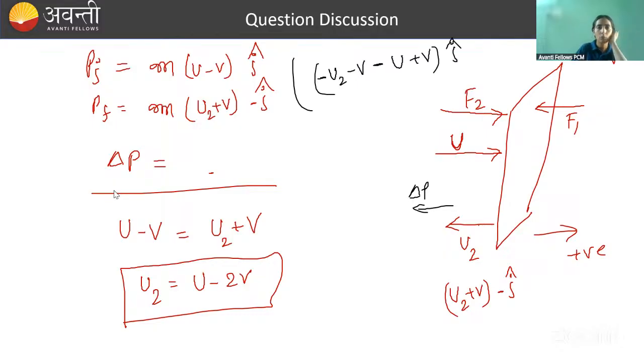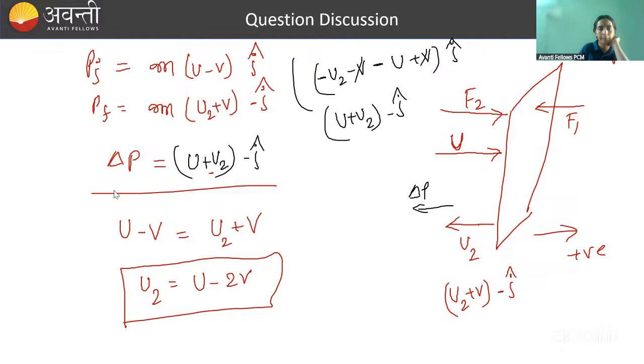Okay? So how much value are we going to get? This thing will get cancelled. U plus U2 and U plus U2 in the minus i cap direction. So this is U plus U2 in the minus i cap direction.